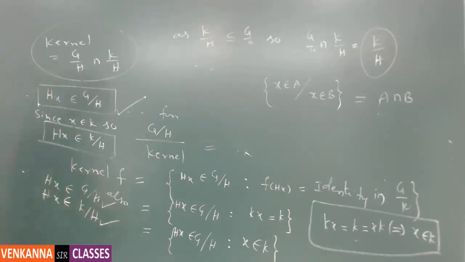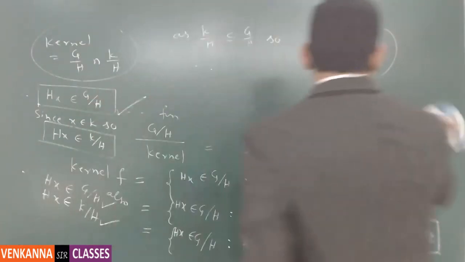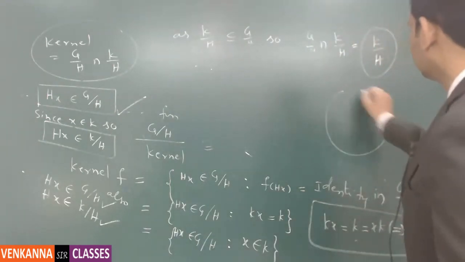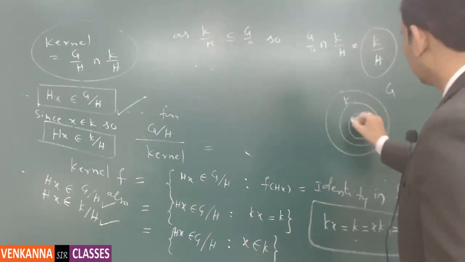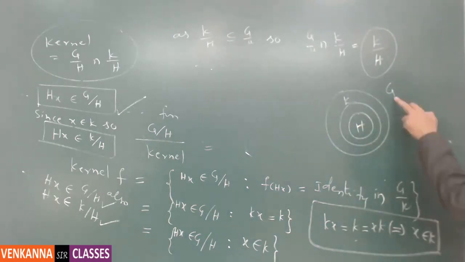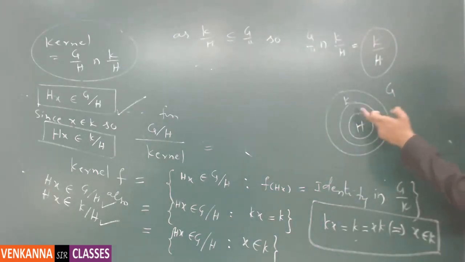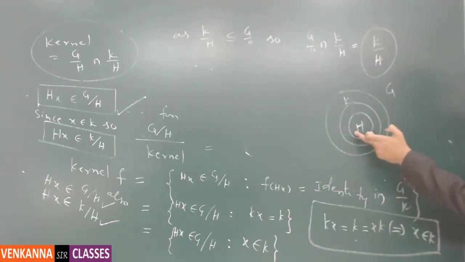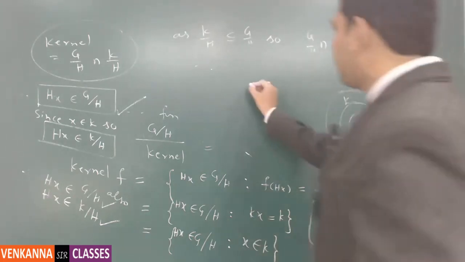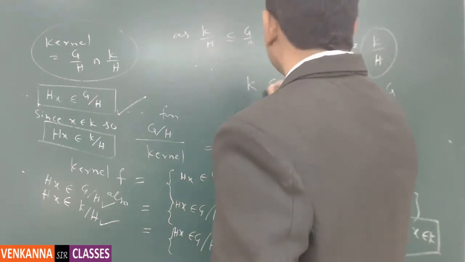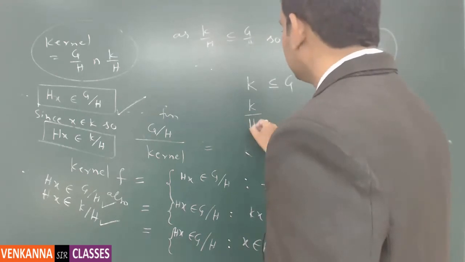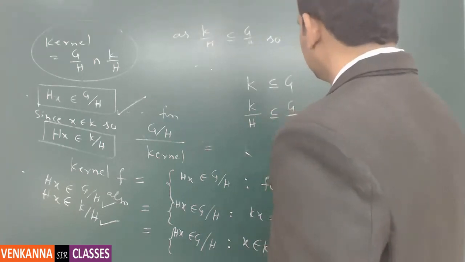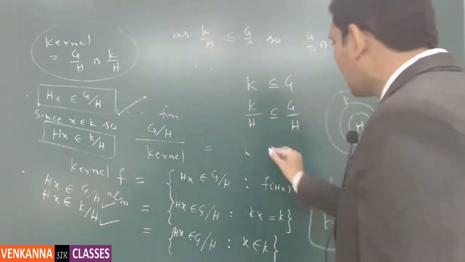Now see, as you have a diagram here, the largest set is G, next one is K, next one is H. If you have a pattern like this, divide both sets with H. What happens?